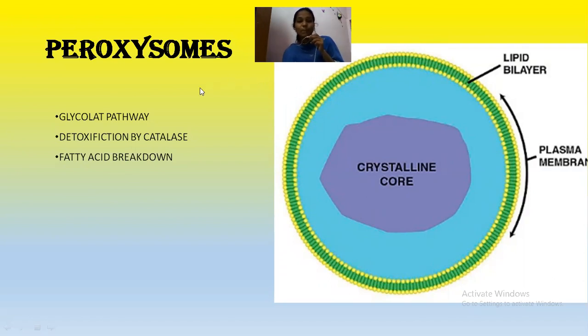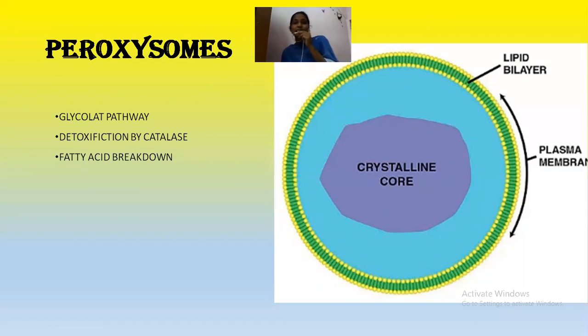There is a special pathway called the glycolate pathway in photorespiration. In the glycolate pathway, the peroxisome is the major cell organelle that operates in the C2 cycle called the glycolate pathway. So simply we can say without peroxisome, there is no glycolate pathway in plant cells.